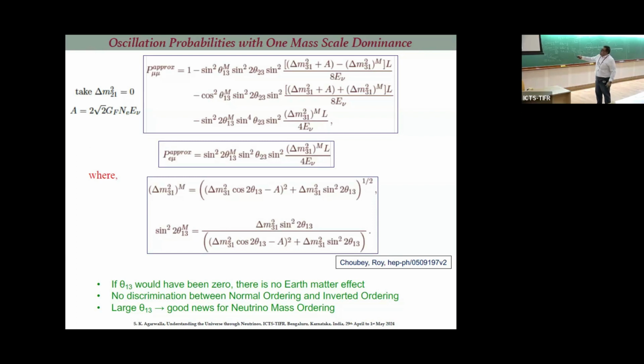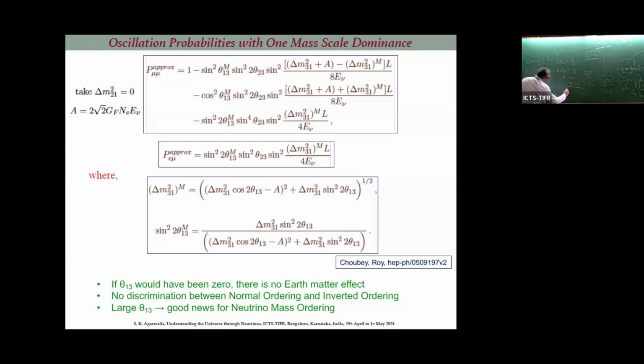So here I have taken another approximation. This is called the one mass scale dominance approximation. You will see it a lot if you do oscillation phenomenology. It's called OMSD. What is that approximation?